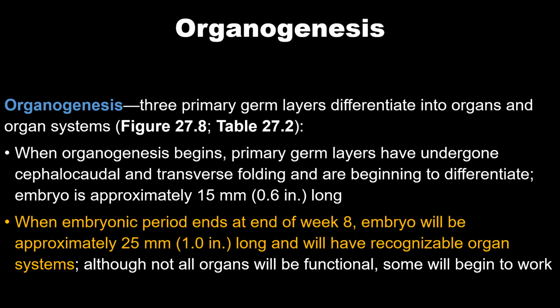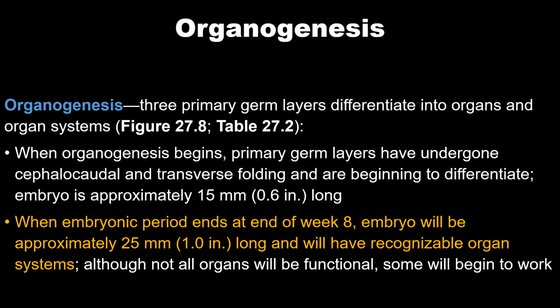Now, in the process of organogenesis, those 3 primary germ layers differentiate into organs and organ systems. When this begins, the primary germ layers have undergone those cephalocaudal and transverse foldings and are beginning to differentiate, with the embryo being approximately 15 millimeters long.